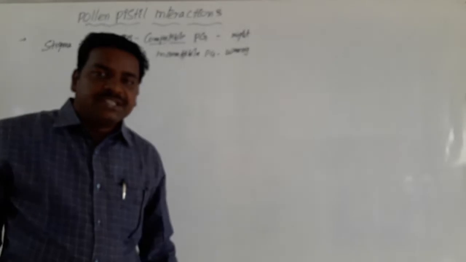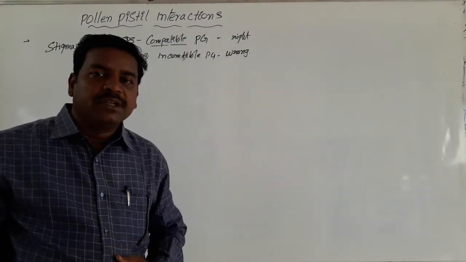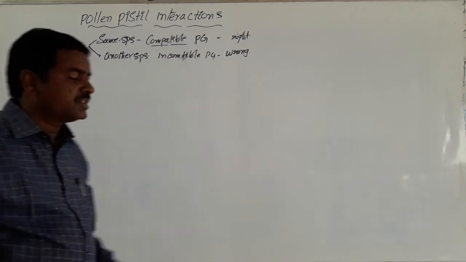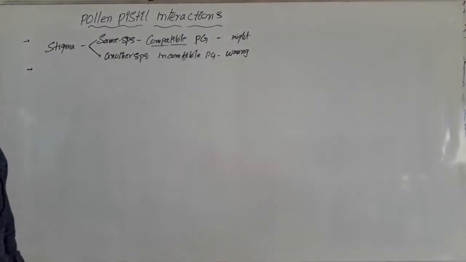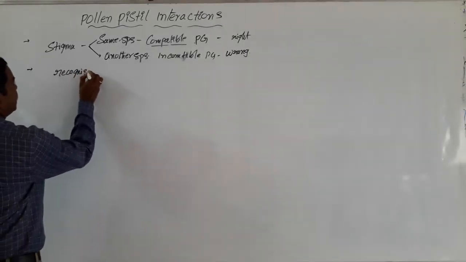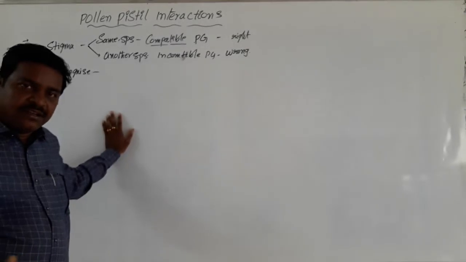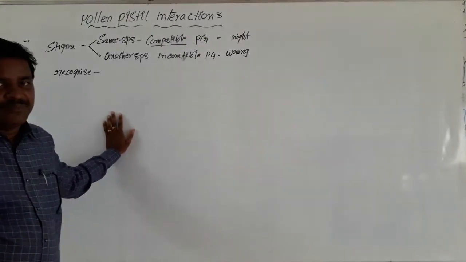When the stigma receives the pollen grains of compatible strains and incompatible strains, the stigma has the ability to recognize whether the collected pollen grain is right type pollen grain or wrong type pollen grain.